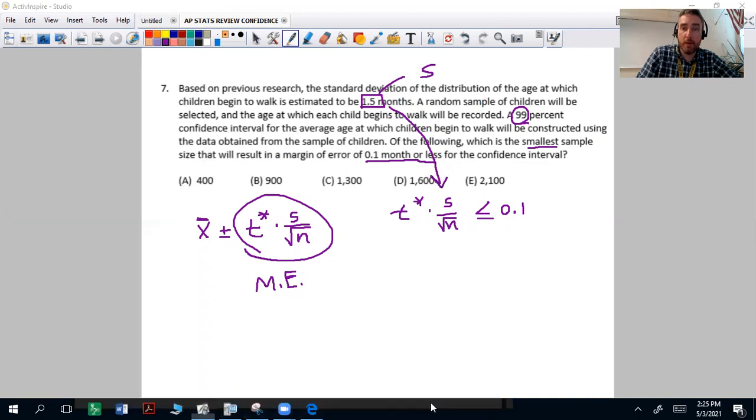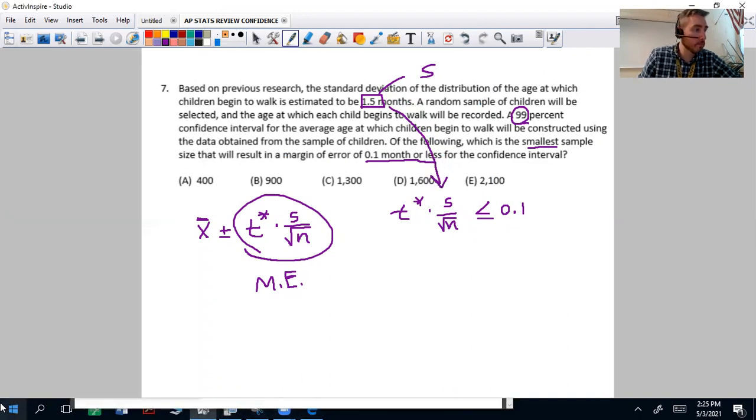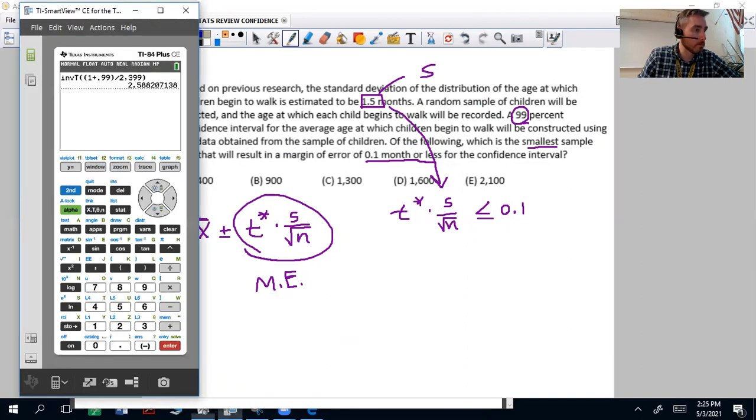So if I take 2.588 and I multiply that by 1.5 divided by the square root of, in this case, 400, that gives me a margin of error of about 19.4%. That's way too big. We want this to be 10% or less.